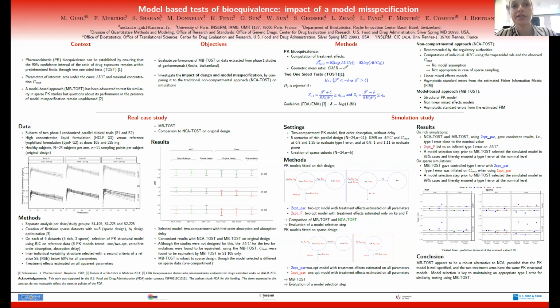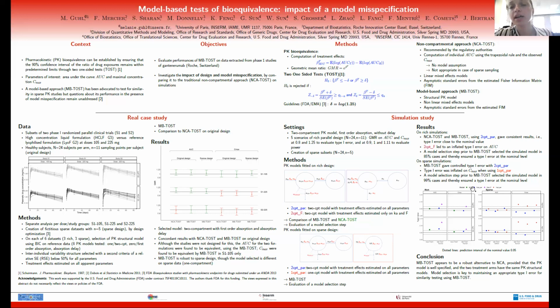On sparse design simulations, we only performed MB TOST, and we compared two PK models, a two-compartment model close to the one simulated, and a misspecified one-compartment model. In both cases, we investigated the relevance of adding a model selection step.